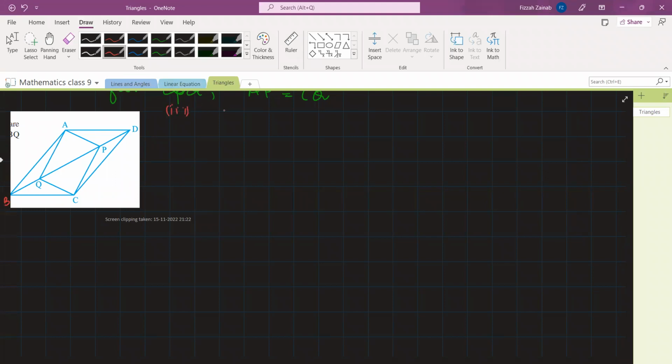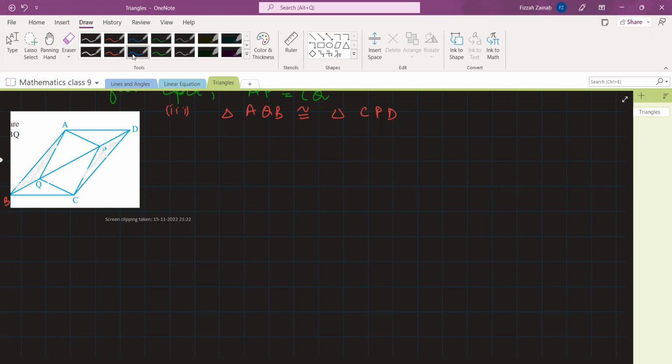You have to show that triangle AQB is congruent to triangle CPD. Now, where is AQB? AQB means this triangle, and CPD means this triangle. Is it visible? These two you have to take.